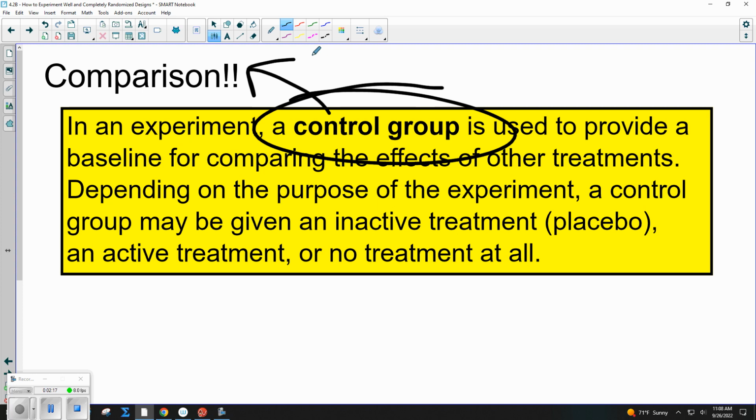There are times where one group does exercise and the other group does nothing. Or you might take some drug to see if it improves symptoms, and the other people take a placebo drug, like a dummy pill, that looks like the drug but isn't anything. So the point of a control group is for comparison.